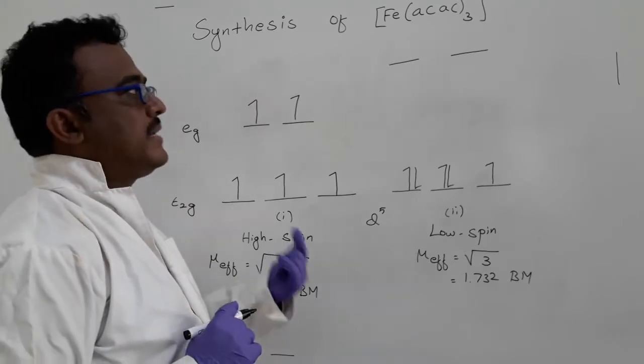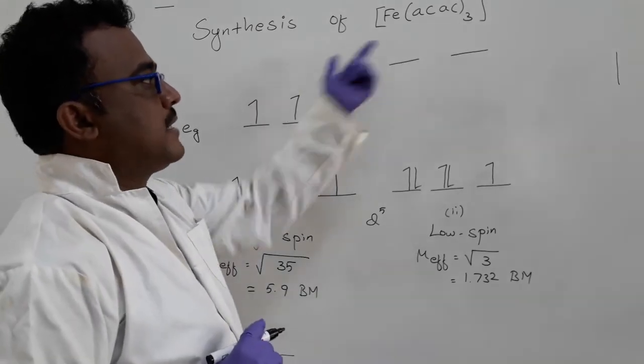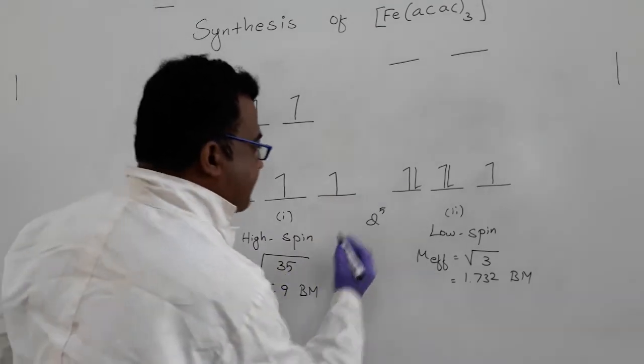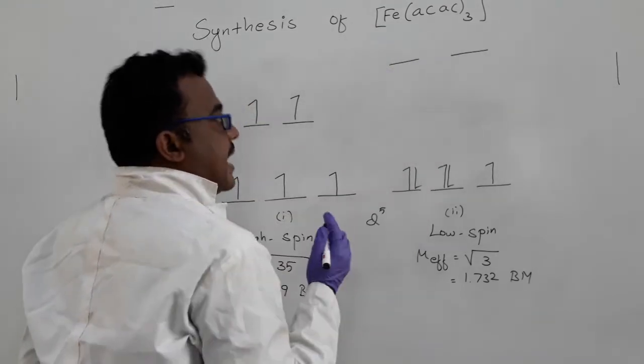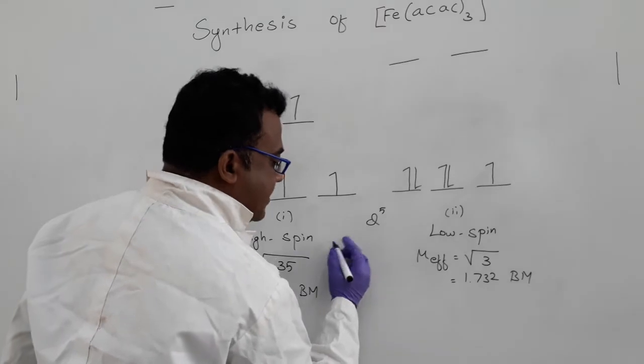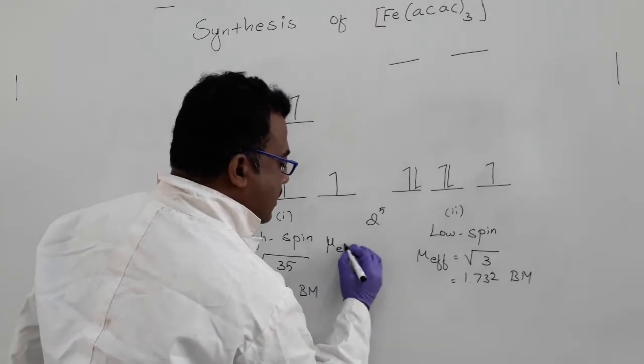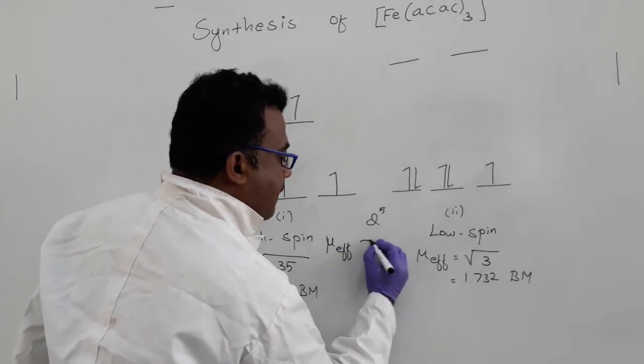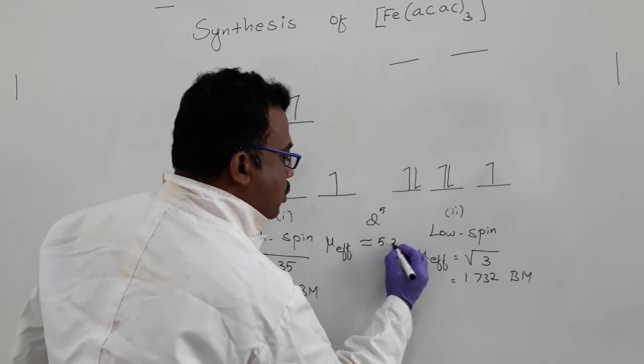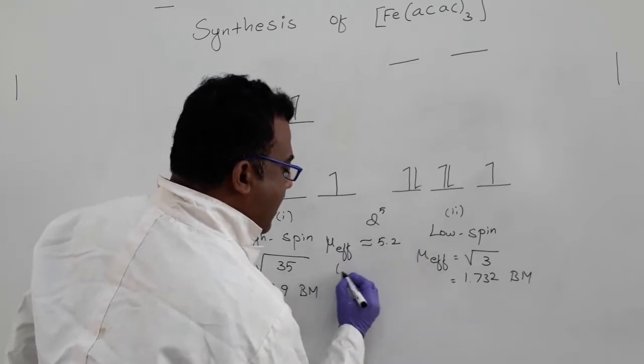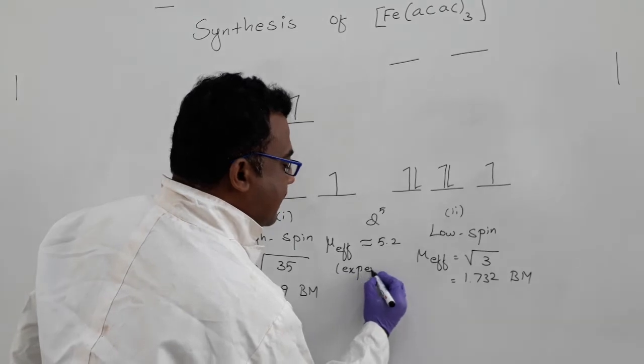If we measure the magnetic moment experimentally, the experimental value for the ferric acetylacetonate complex is approximately 5.2. This value is from experimental data.